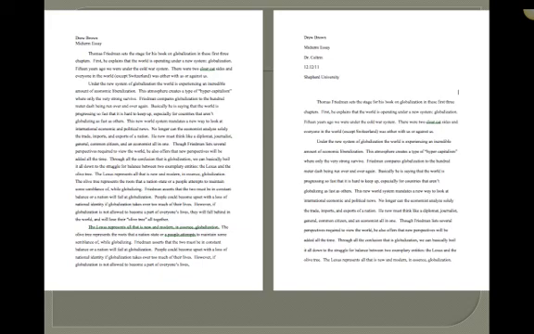Give it a title, a date, where I'm at, and I don't even get to starting the page till a third of the way down. And then because on the right, the individual has double spaced it rather than 1.5 spaced, they just can't get to as many ideas. So inherently, the paper on the left is going to cover a lot more territory than the paper on the right.